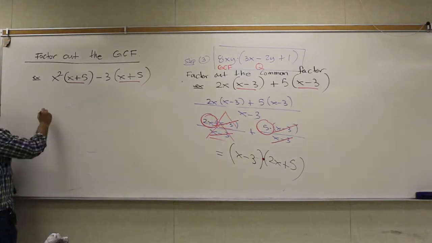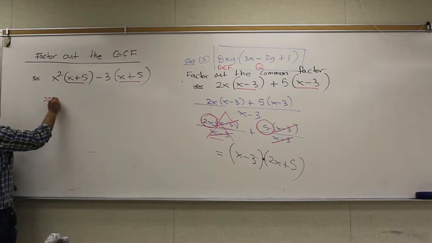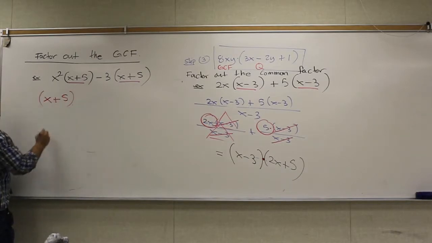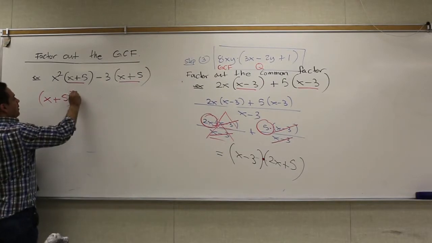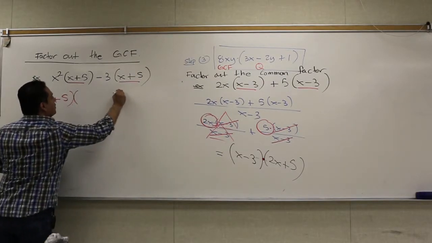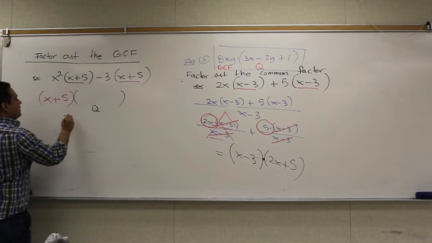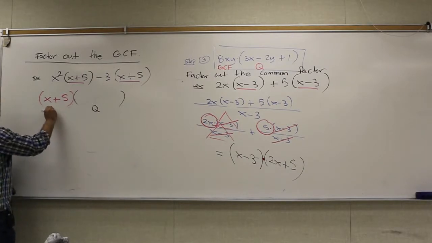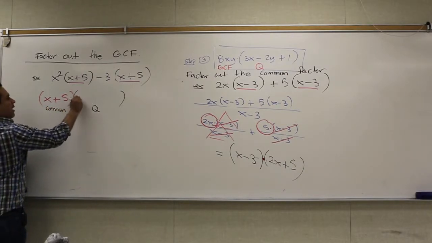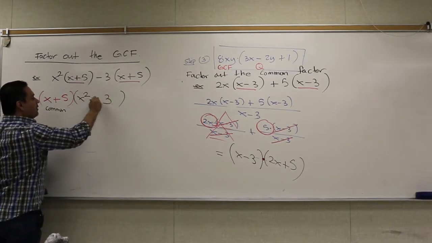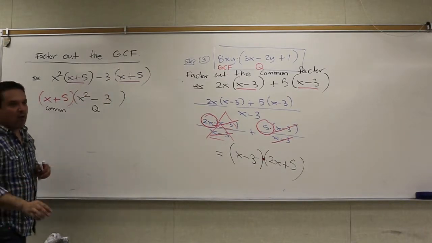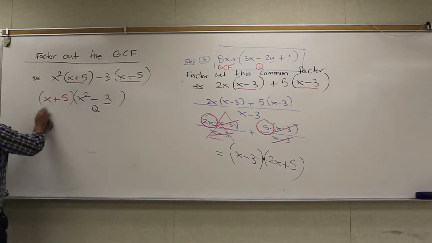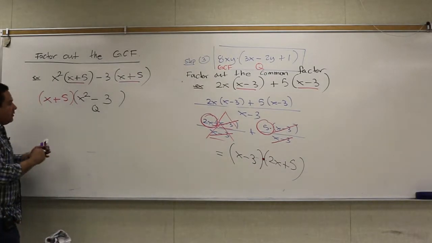So write down that common term, x plus 5. Now let's see if you're awake. What is the quotient going to be? How did you figure out that the quotient was x squared minus 3 so fast?